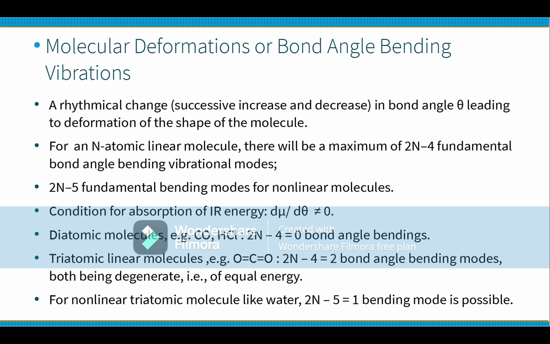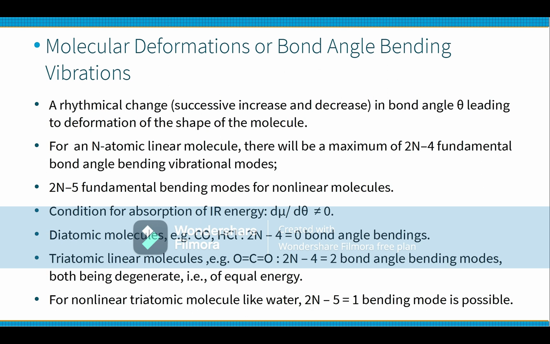Again, the condition for absorption of IR energy is d mu by d theta not equal to 0. That is, during the bending vibration, the dipole of the molecule must oscillate, must change with respect to the angle change. Some examples: diatomic molecules CO and HCl, for them 2n-4 equals 0.